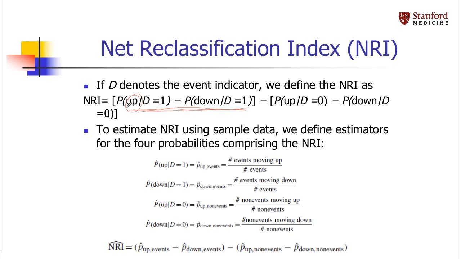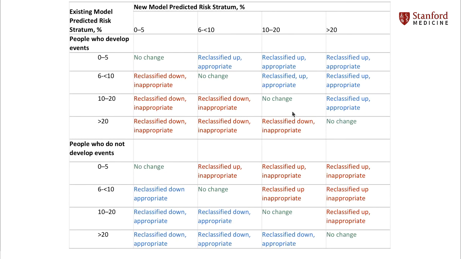The new model will be doing better if it moves those people up because those are the people who actually had the disease. And you're going to also look at the people who didn't have disease. The people who didn't have disease, you're hoping that the new model will downgrade them, will give them a lower predicted probability of having the event. And the NRI combines all of this into a final probability, and I'm going to show you how to calculate that with actual numbers in a minute.